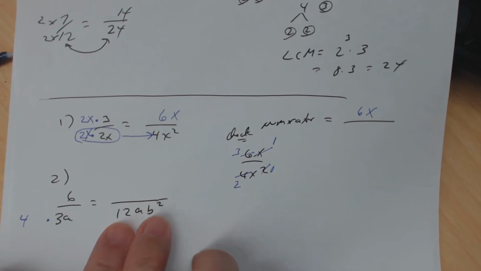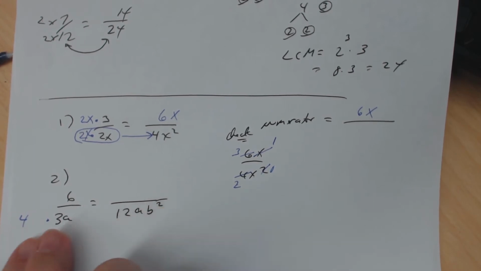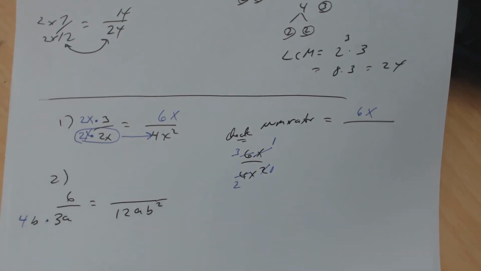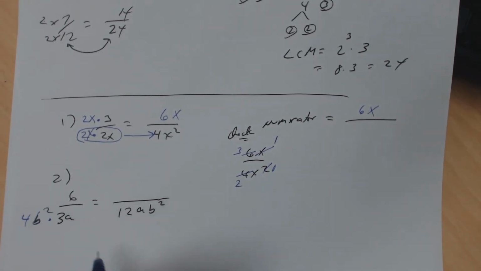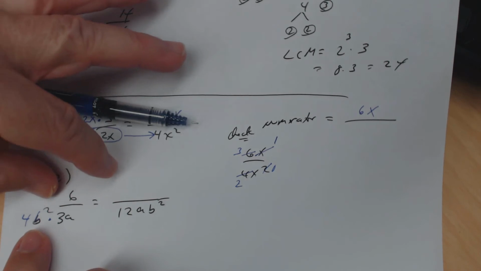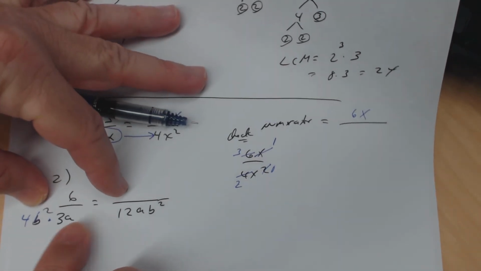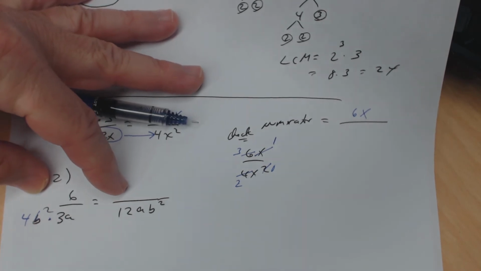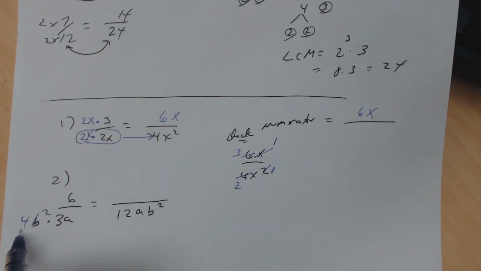Okay. Now I need a b squared. I don't have a b squared here, so I need to multiply this by b squared. And then check your work. 4 times 3 is 12. a times b squared is ab squared. So that right here is what I multiplied the denominator by.